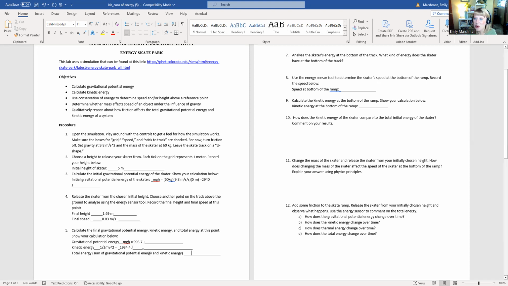And so at that point in her path, the total energy that she has is going to be the sum of her gravitational and her kinetic energy. So I'm just going to add these two together to get the total. 2,928.